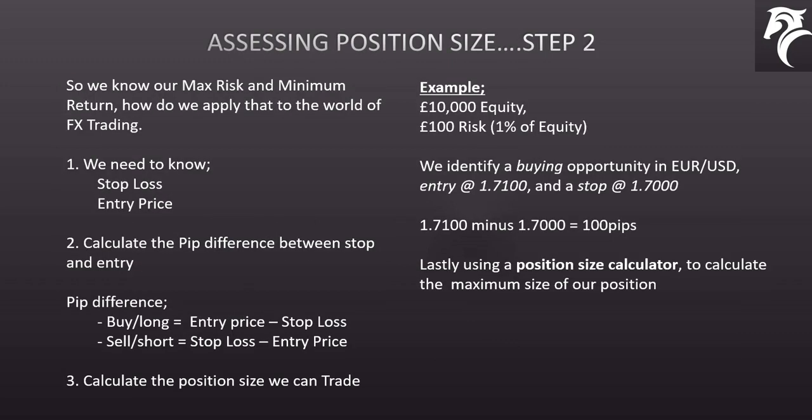So coming back now, if you remember, before we left to talk about what a pip is, we had calculated in a trade example that the difference between our stop and our entry was 100 pips. So now, to keep things as simple as possible, we can use the online position size calculator to work out the max position size we can trade to stay within our risk limit using the example we've spoken about earlier.